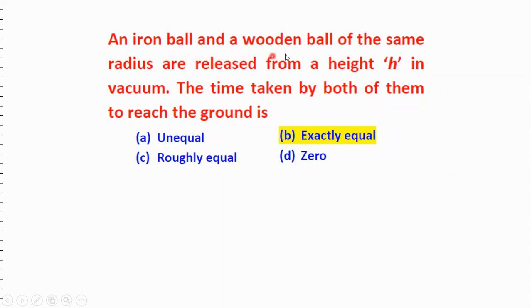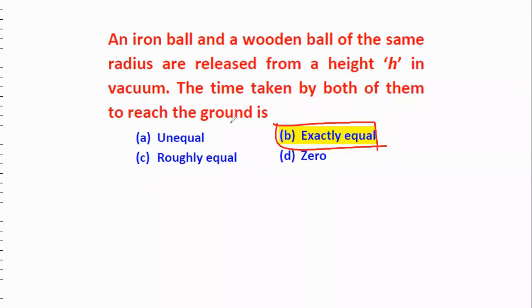An iron ball and a wooden ball of the same radius are released from a height h in vacuum. The time taken by them to reach the ground is exactly equal, they will reach at the same time. Because acceleration due to gravity is independent of the mass of the body.